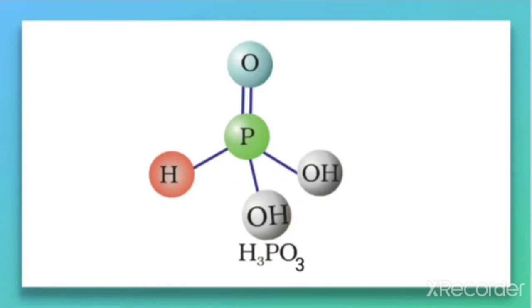Now one more P-H, change it to P-OH like this. Now the structure, this one is for H3PO4, that is orthophosphoric acid, which is commonly called phosphoric acid. So we have made three structures of oxoacids of phosphorus very easily.